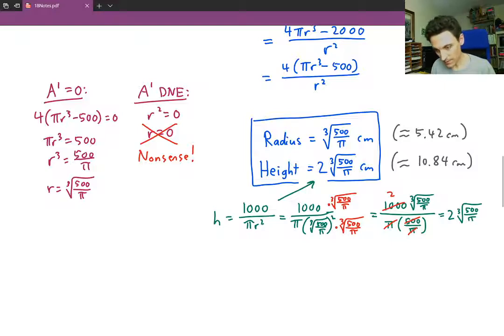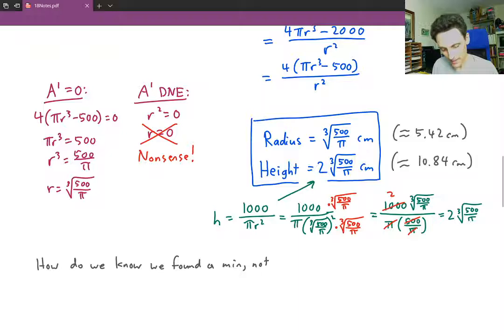This answers your question of how do we know if this is a max or a min there? How do we know we found a min, not a max? So one way of answering that is the second derivative test.